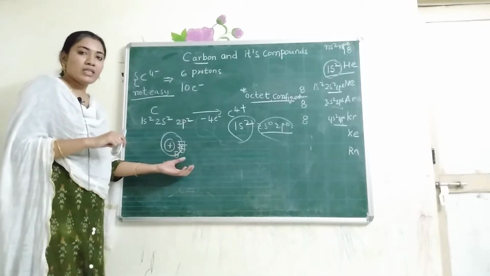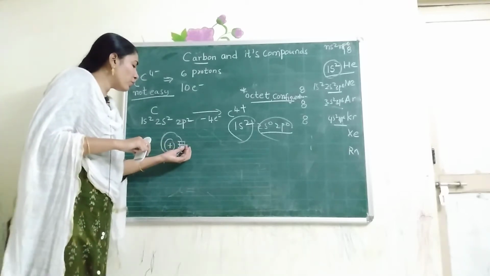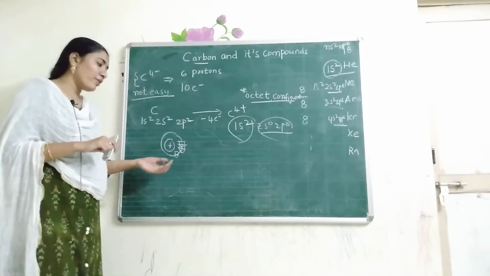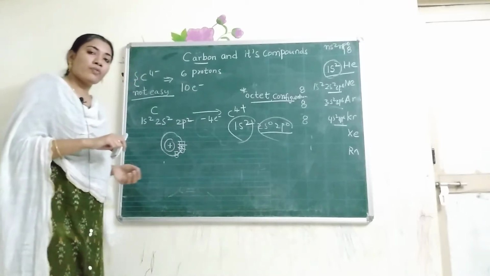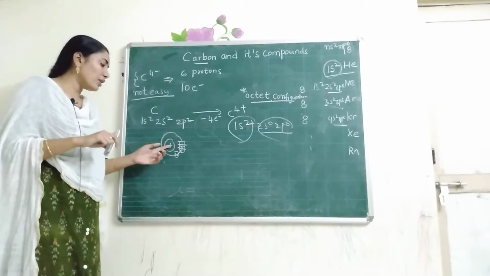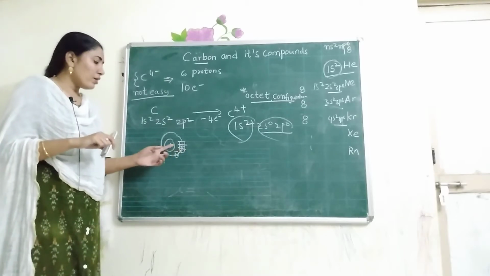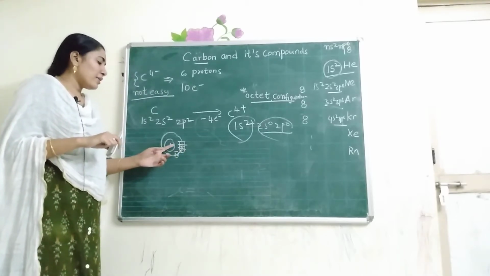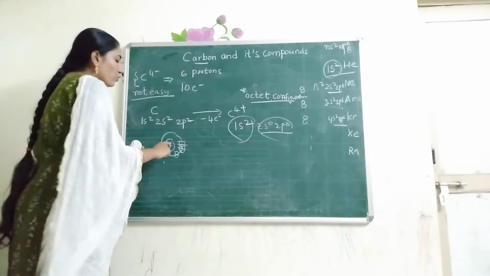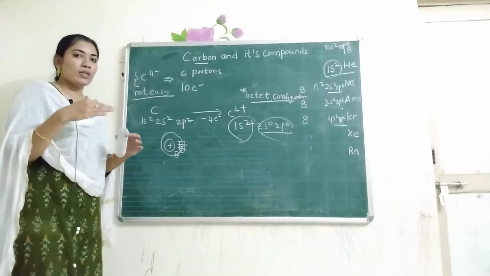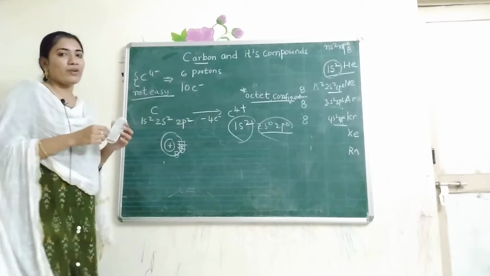So to remove one electron we require some amount of energy. To remove a second electron we need more energy because the nuclear attraction increases. As we remove the electrons, the nuclear attraction increases, so we need a very large amount of energy.